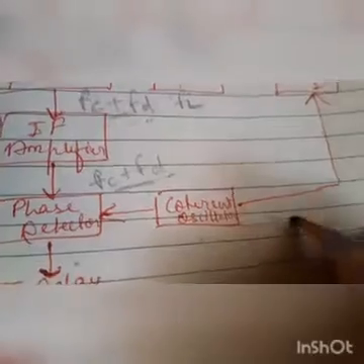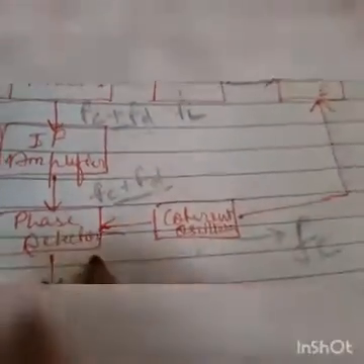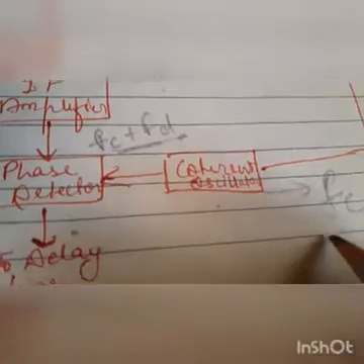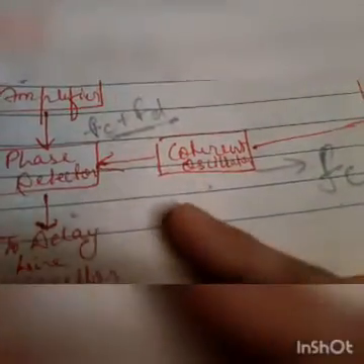Now here is a coherent oscillator. What does it do? It produces an intermediate frequency signal. So what we get at the phase detector is this signal plus this signal, the two signals FC plus FD and FC. At the delay line canceller, we get the output.